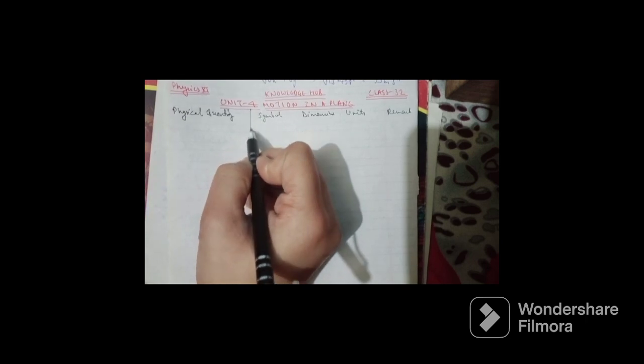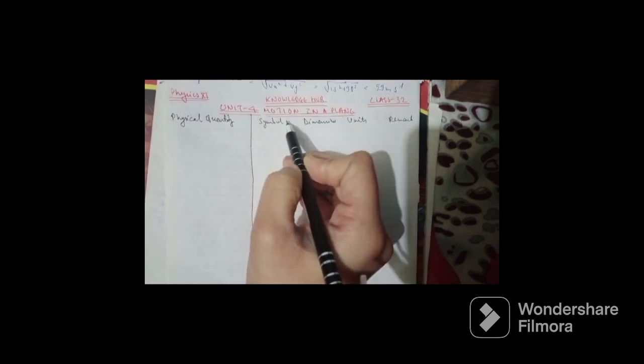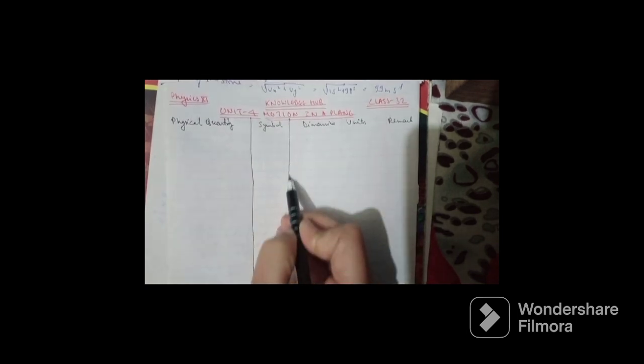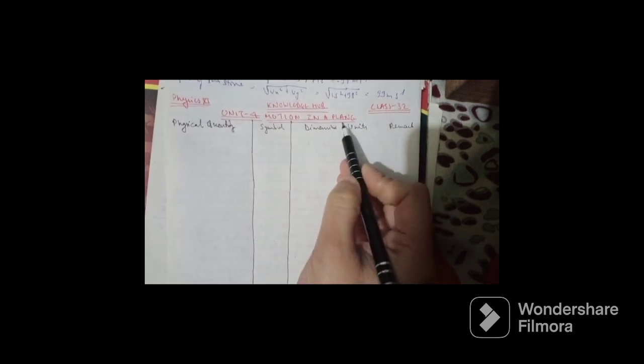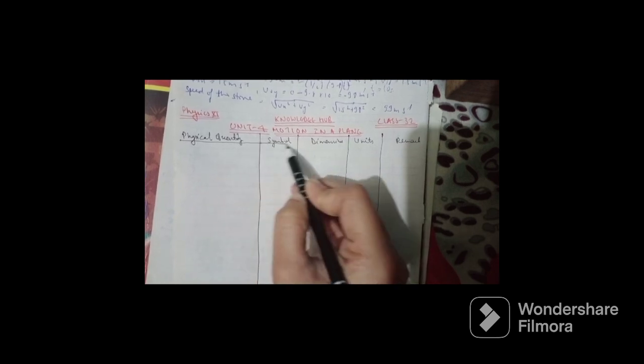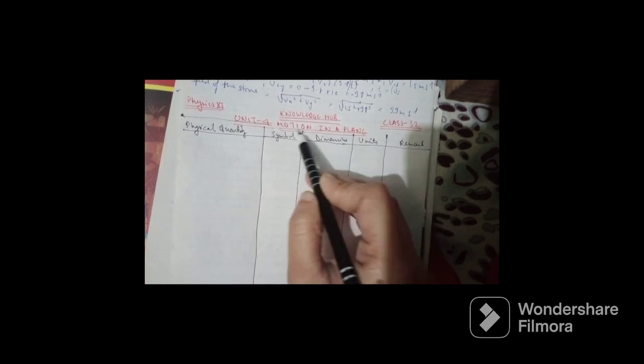So for that, here we go for the first quantity, physical quantity, that is your position vector.